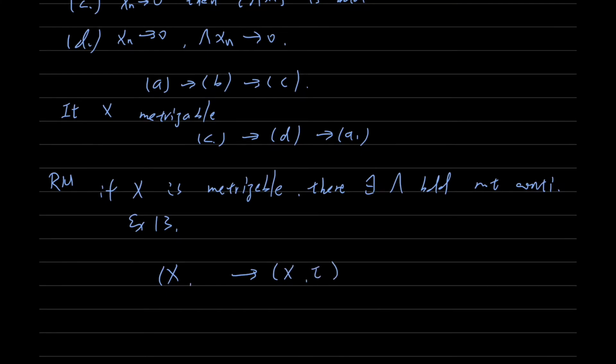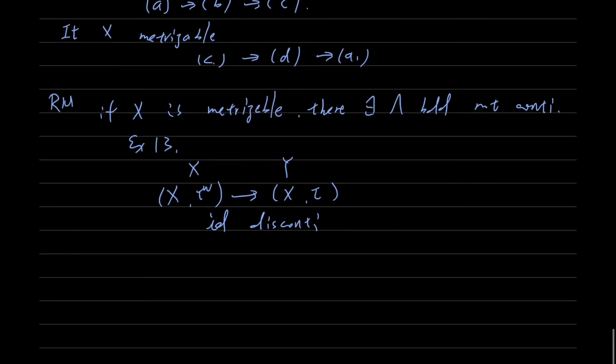So for example, we can have Y here with the usual strong topology, and if we equip X with the weak topology or the weak star topology, the identity map will actually be discontinuous, but the boundedness will actually be equivalent. So this will give us an example.